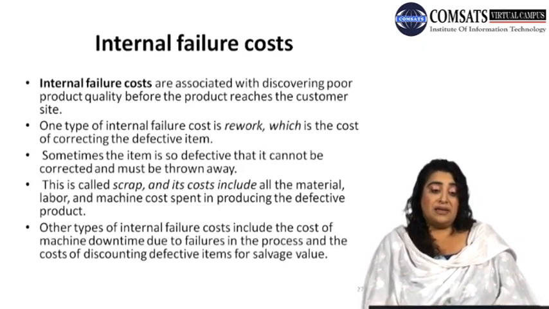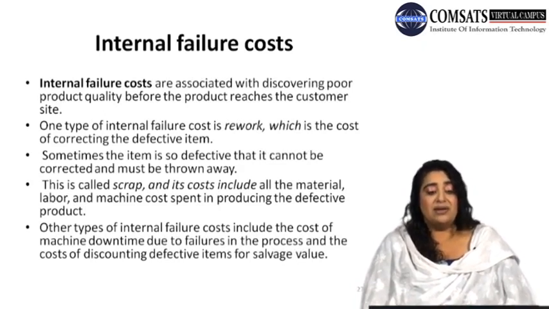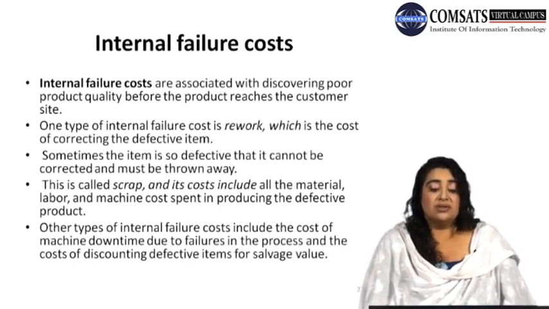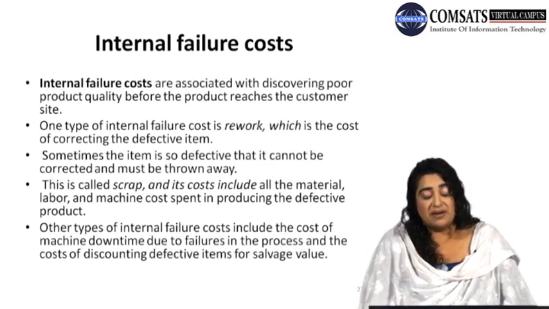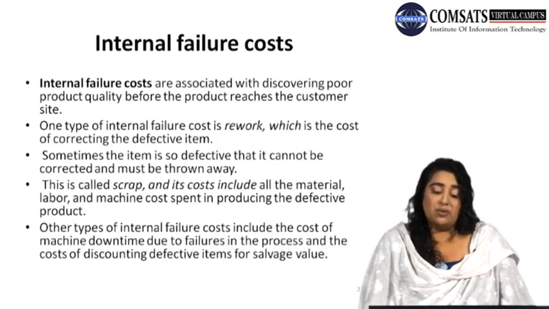So आपने ये क्या देखना है कि poor product quality जो है before it's reaching the customer, that's internal failure cost. Now one type of internal failure cost is rework, which is the cost of correcting the defective item. कोई भी defective item है manufacturing में especially, so उसको rework करना पड़ता है, दोबारा आपको बनाना पड़ेगा. So that would be correcting the defective item.